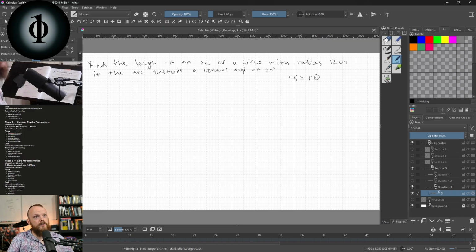Find the length of an arc of a circle with radius 12 centimeters. So, arc length is equal to 12 times 30. So, 360. S is equal to 360 centimeters. Is that correct? No. Do they want it in radians?